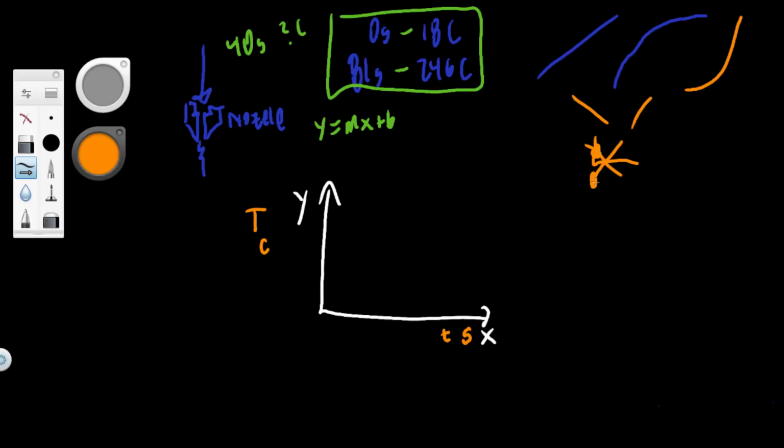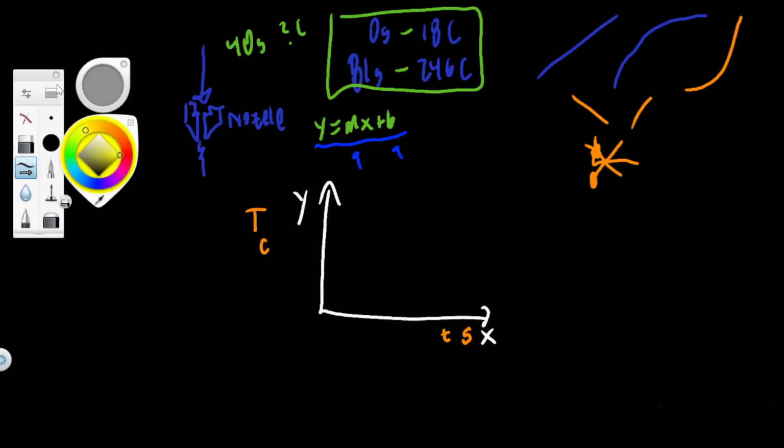Then try to start solving and finding the form of this equation: what is the coefficient m going to be, and what is the constant b going to be? Please pause the video, hit the K button. 3, 2, 1. Let's start solving this one.